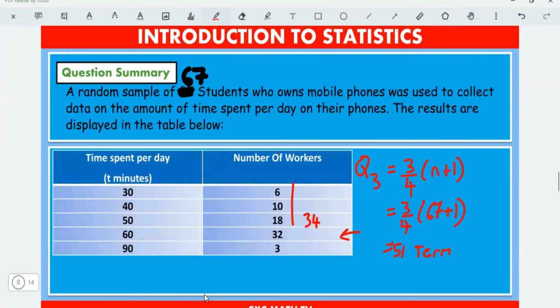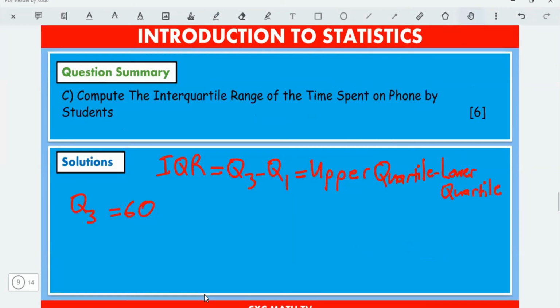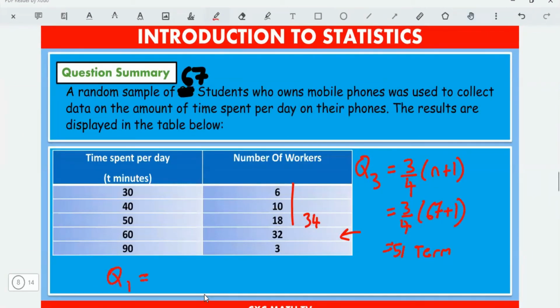To find Q1, Q3 is 3/4, so Q1 is 1/4. So Q1 is 1/4 of the n plus 1, and that's going to be 1/4 of 67 plus 1. 68 divided by 4, that's the 17th term. The 17th term is found where?